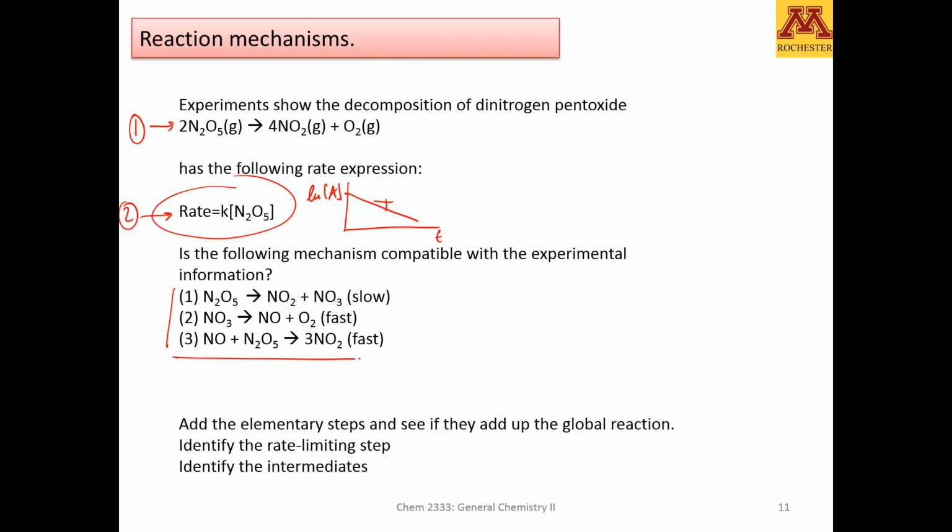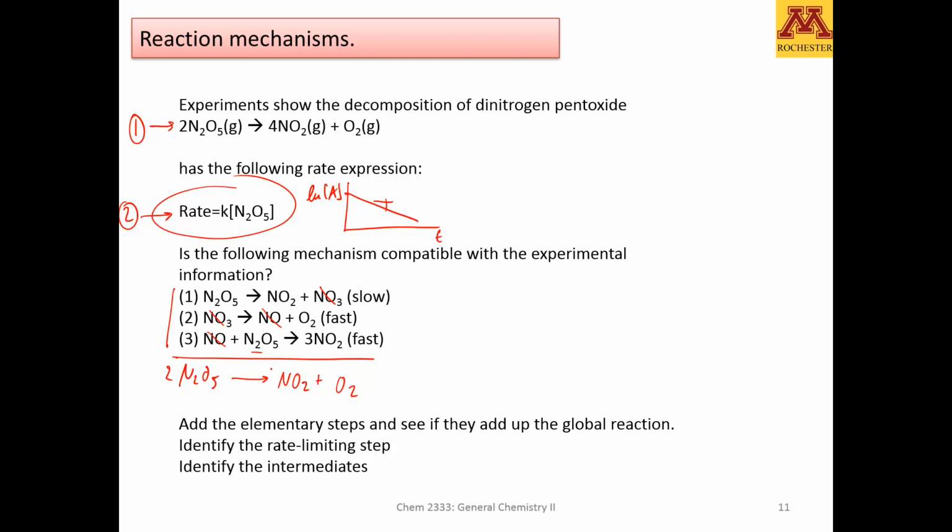First of all, to be compatible with observation 1, the overall reaction needs to be the summation of the different elementary steps. So let's see. N2O5 is right here. NO3 disappears. And then I have another N2O5 here, so two N2O5s. Now, NO and NO3 disappear, and I have NO2 and oxygen.